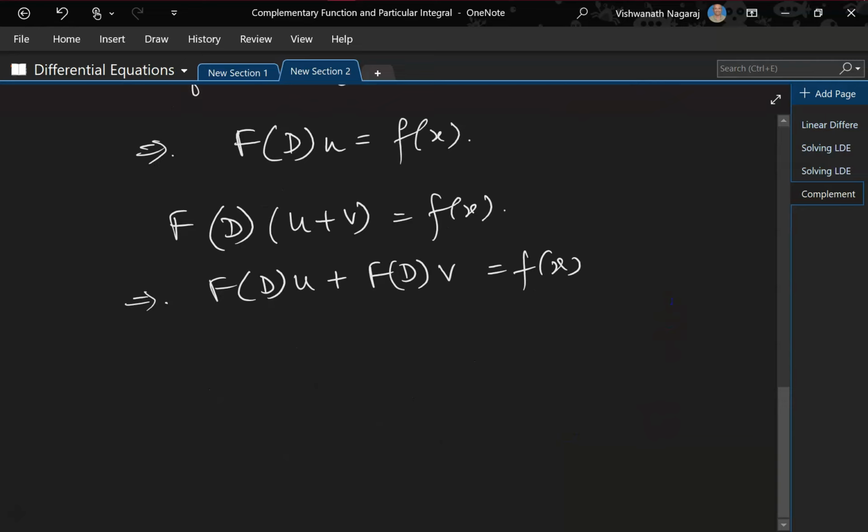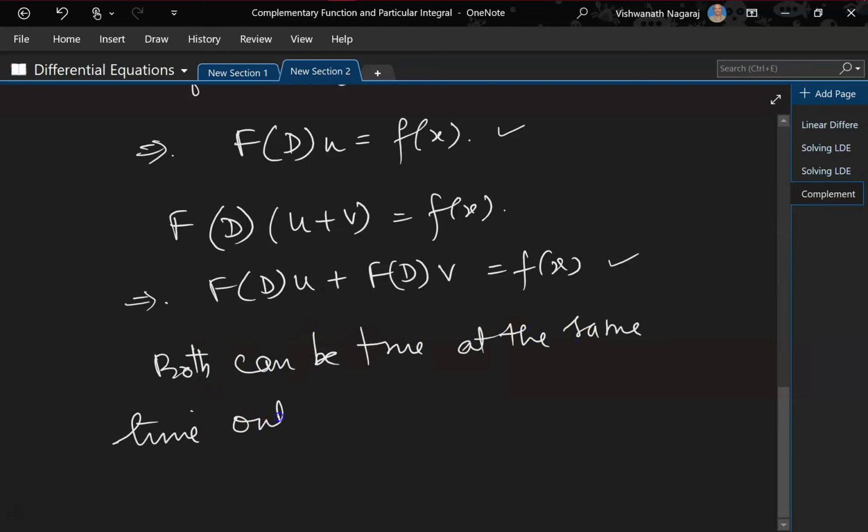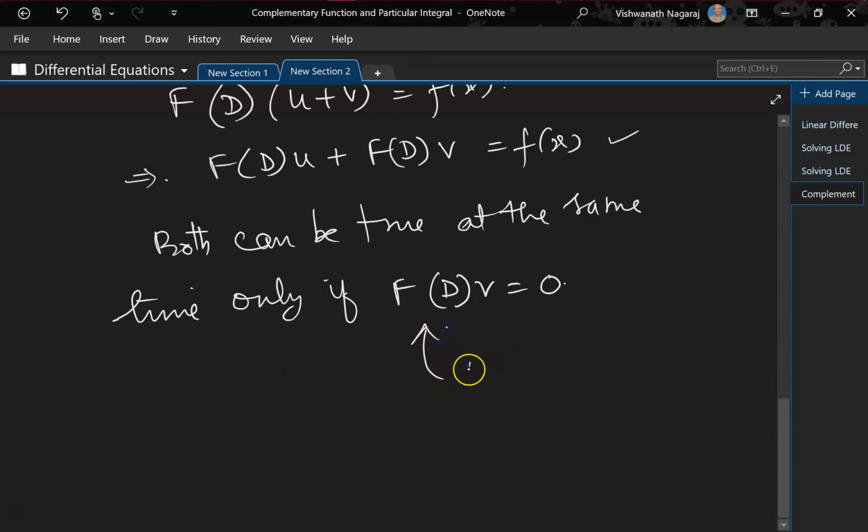Now this and this can both be true at the same time only if f of D v is equal to 0. Now this is again an ordinary linear differential equation with RHS equal to 0, right?